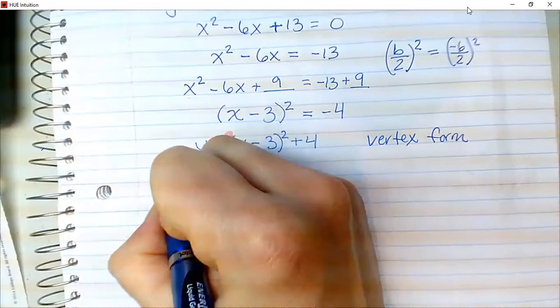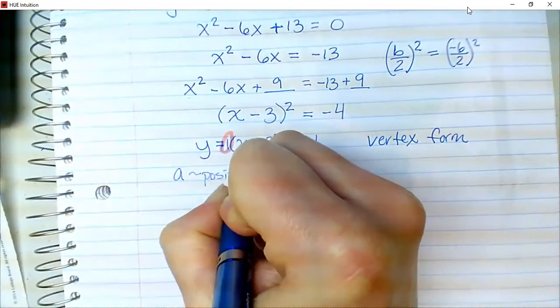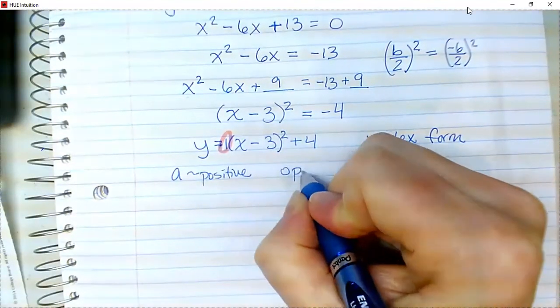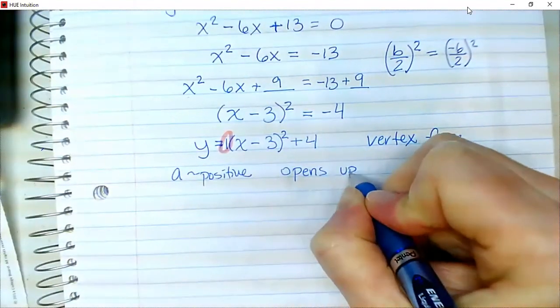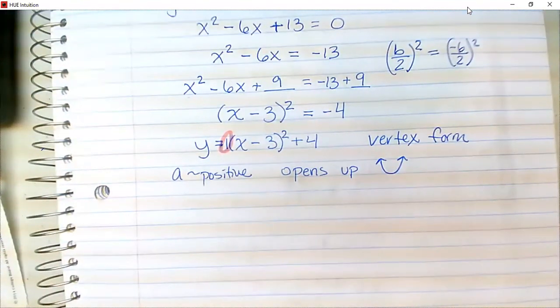And remember, if A is positive, what does that tell us about our quadratic? It tells us that it's going to open up, okay? So we know first off that it opens up. It's going to look like this, okay? That's what we know just by looking at that vertex form right there.